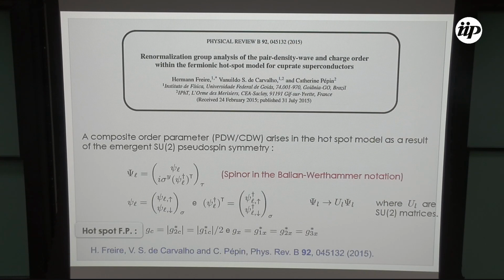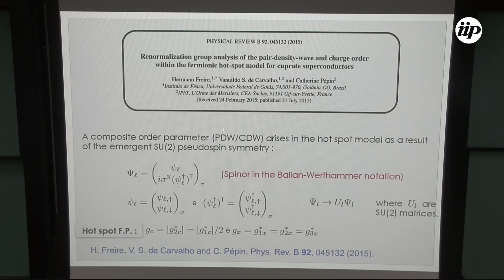One very important thing that I want to emphasize here is that due to this so-called SU(2) pseudospin symmetry, when we calculate response functions in the model, we see that there is this charge order phase in the model, but as a result of this emergent pseudospin symmetry, another phase arises, which is the SU(2) partner of the charge order phase in the model.